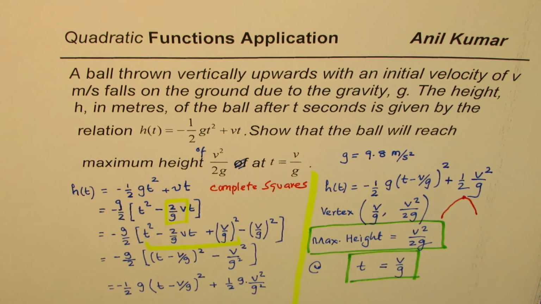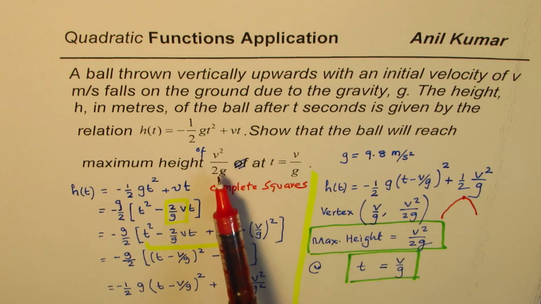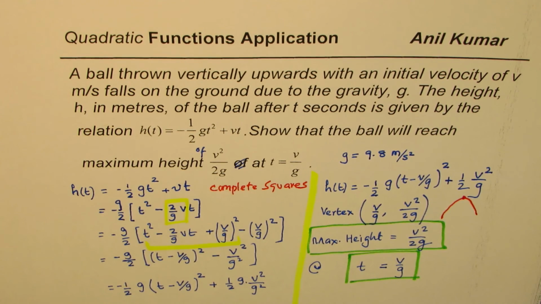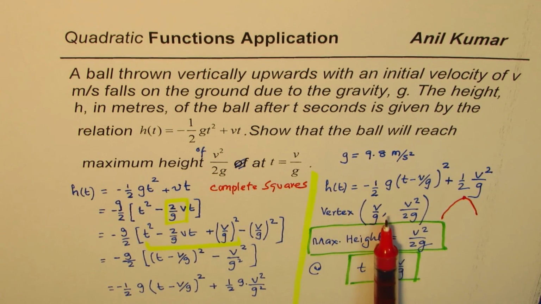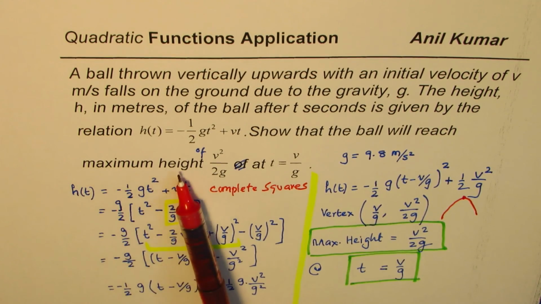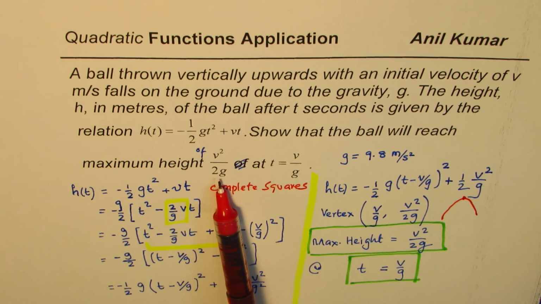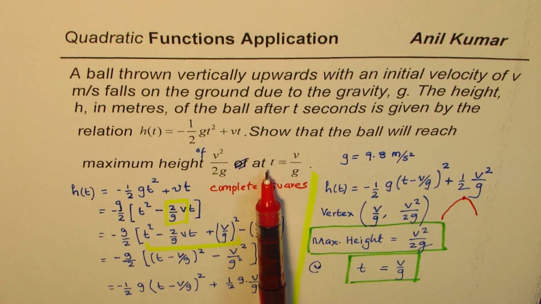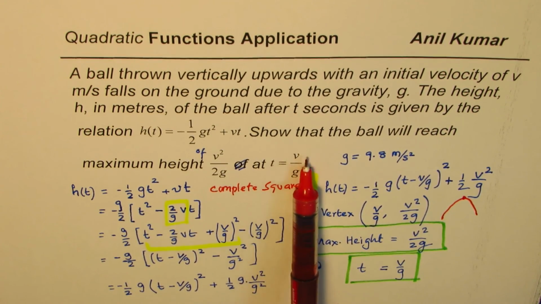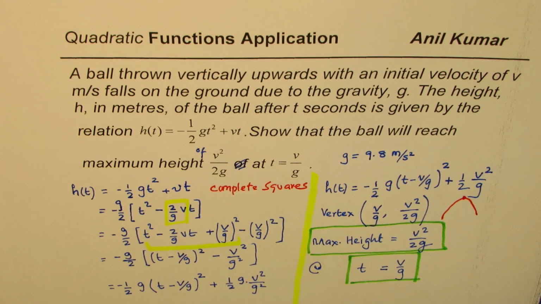You don't really have to do all this completing the square for such equations, which will come up many times. You can conclude that the maximum height occurs at the square of the velocity divided by twice the acceleration. The time at that point will be the quotient of velocity and acceleration.